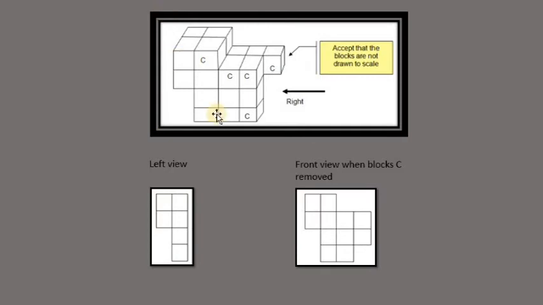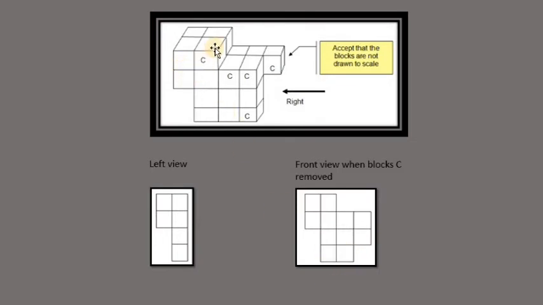The front view when the blocks of C are removed, so these ones will be removed, then we will have an open, open, and then here we also have open and open. So at the top we will have 2, then we will have 4, and then 3, and then 2.